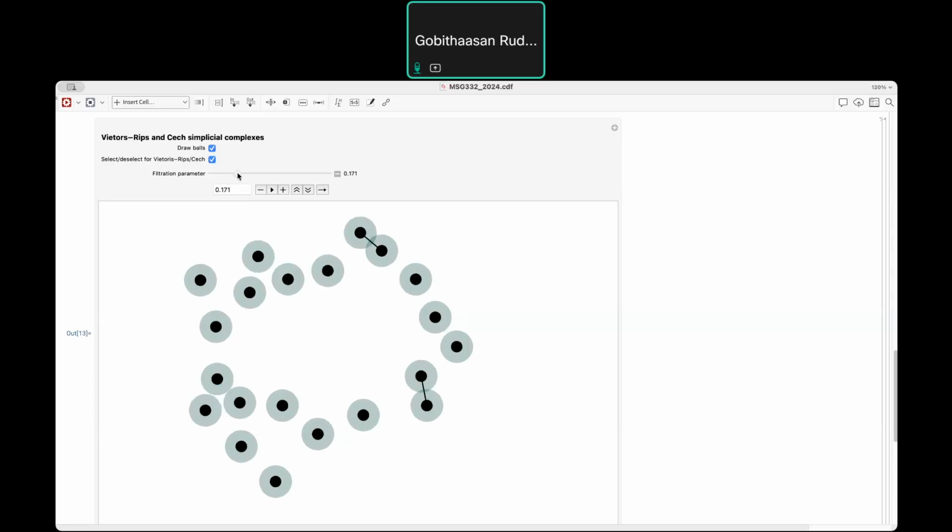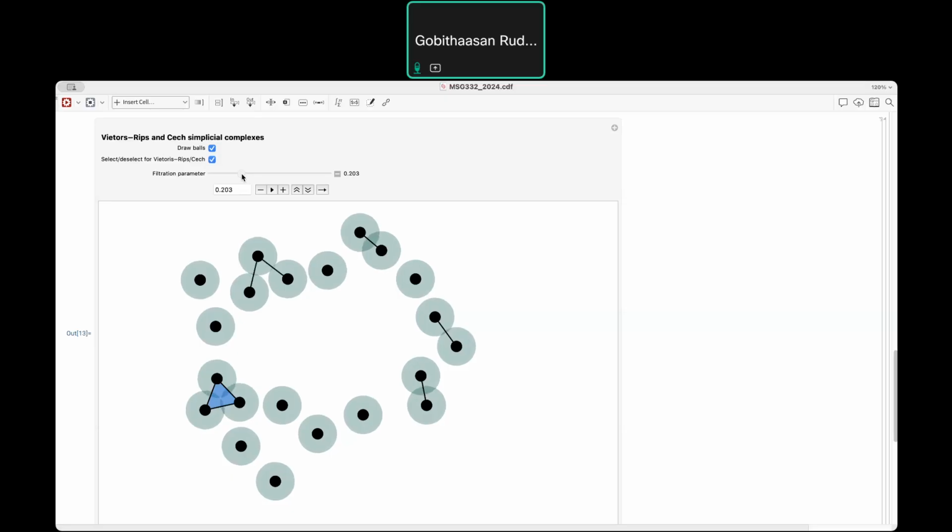At this level, if you look at these three points, they connect and quickly form a triangle. The triangle was given birth, and then quickly it dies. So there is one radius giving birth, which is the birth number, and another radius giving the death number.